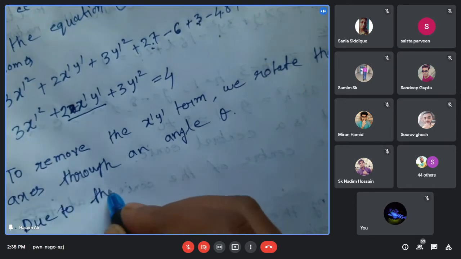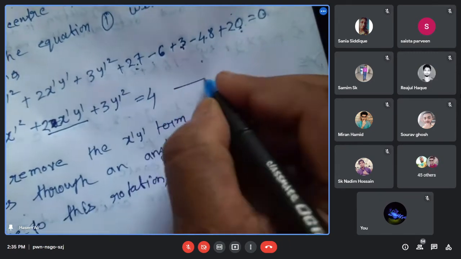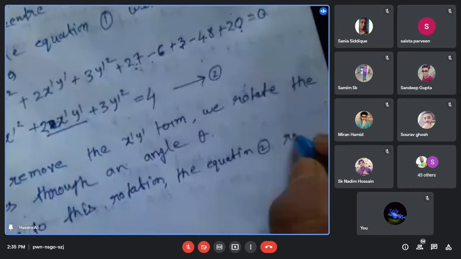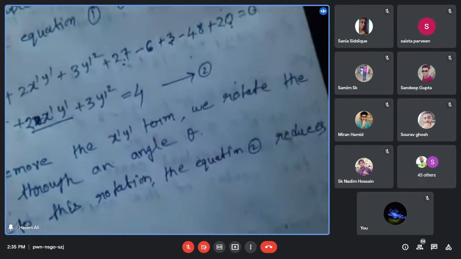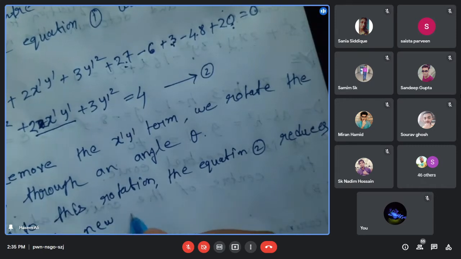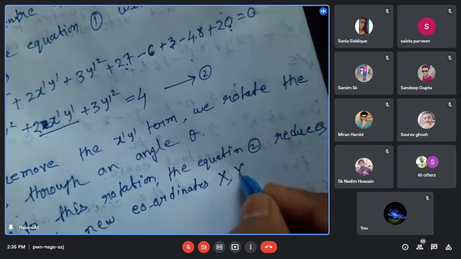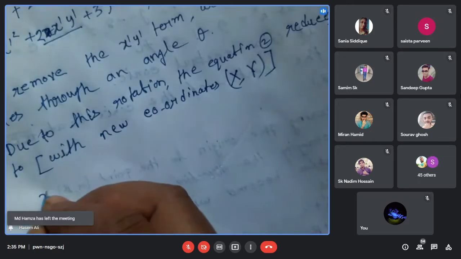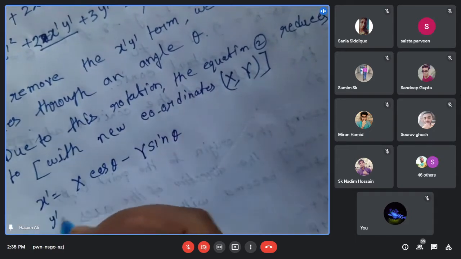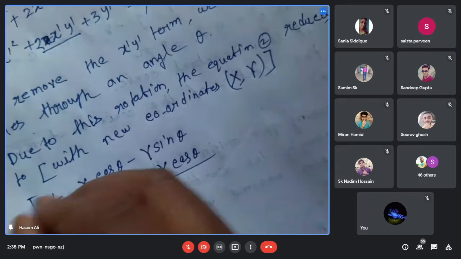Due to this rotation, the equation 2 reduces to, within the bracket, with new coordinates capital X, capital Y. That means x dash equals x cos theta minus y sin theta, and y dash equals x sin theta plus y cos theta. These are the transformation formulae.